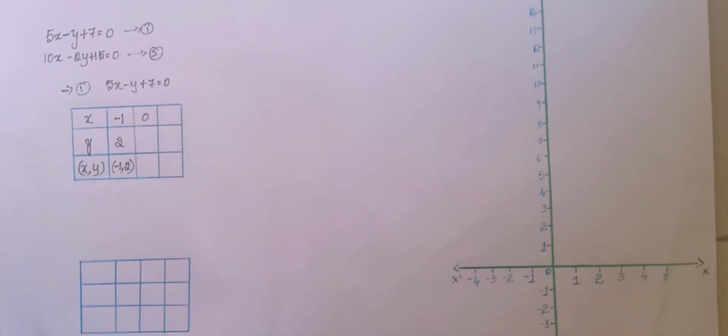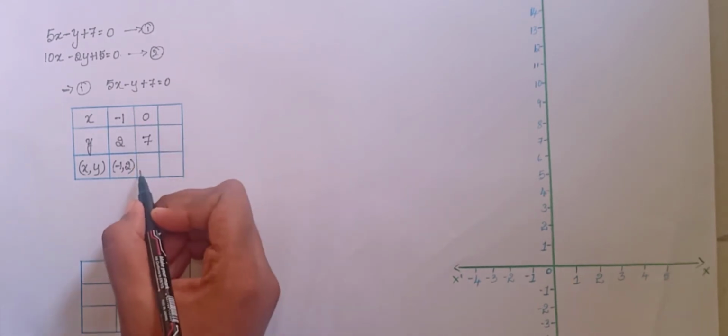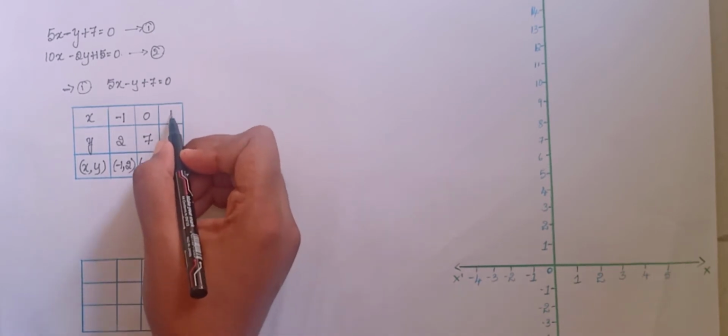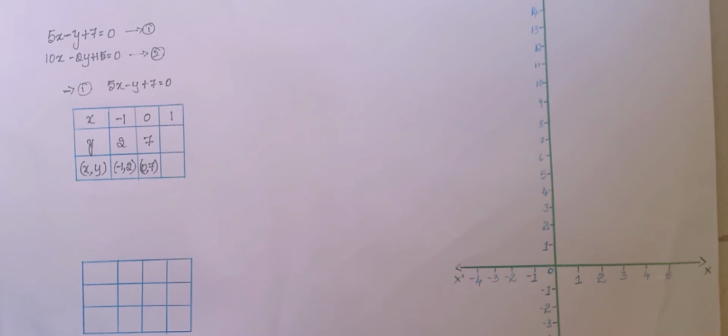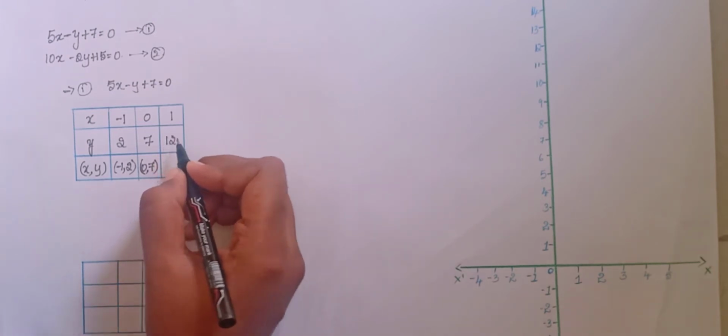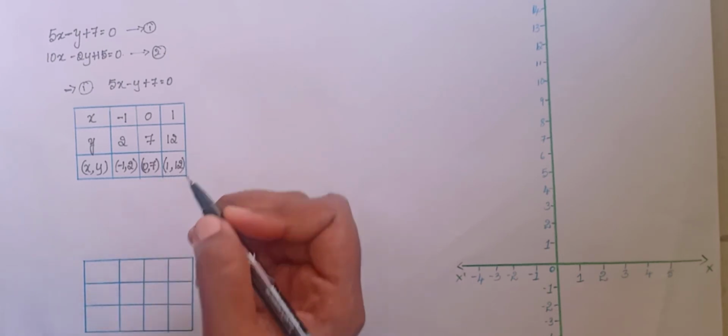If we put 0, 5 into 0 will get 0. So therefore the answer is 7: 0 comma 7. Next I'll put 1. 5 into 1 will get 5. 7 plus 5 we will get 12. So by sign changing we will get 12: 1 comma 12.